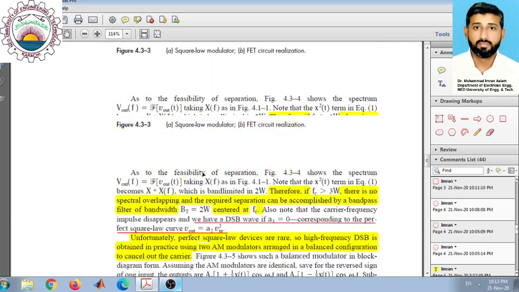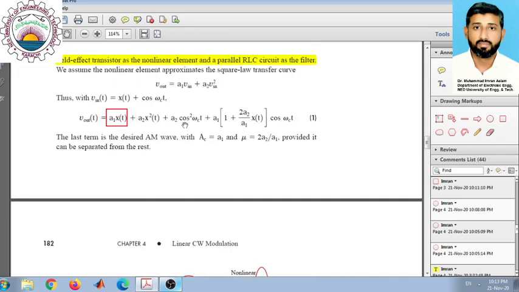Okay, let me take a look at the third term, this term a2 cos square omega ct. Mathematically, we know that cos square theta is equal to 1 plus cos 2 theta upon 2. So cos square theta represents a term at cos 2 theta.